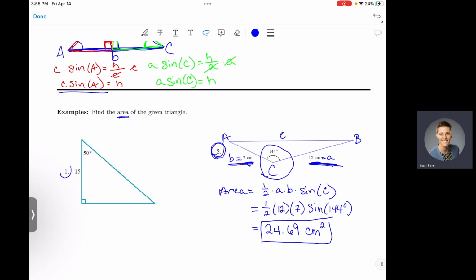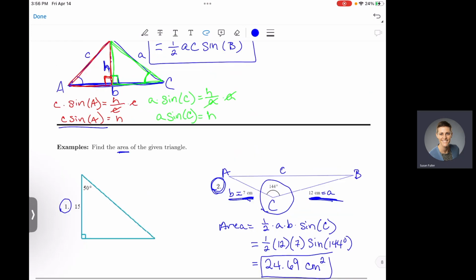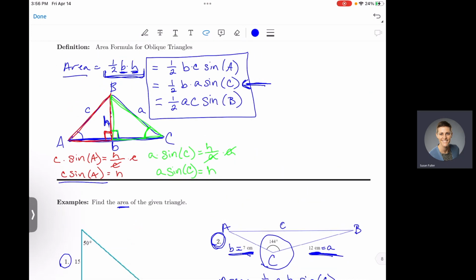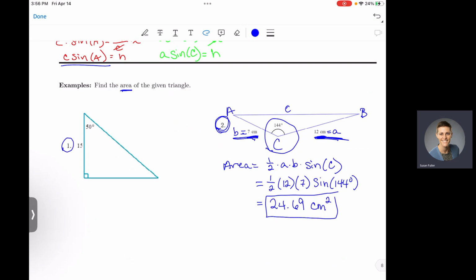All right, let's go to number 1 here. Number 1 is slightly different because this is actually a right triangle. And since this is a right triangle, we don't need the area formula for oblique triangles that we just did.